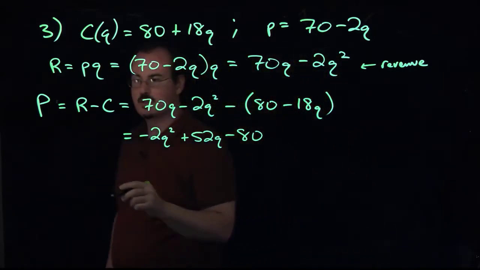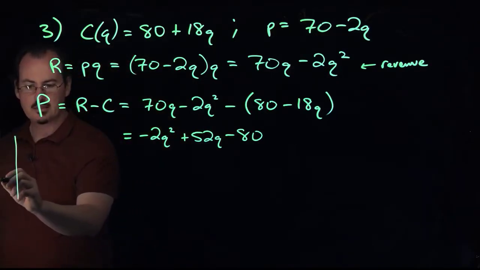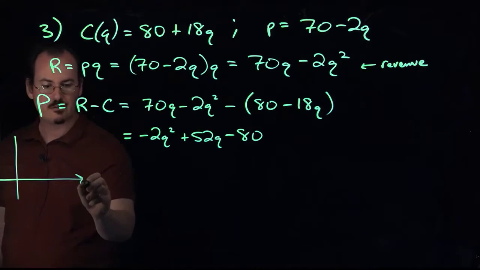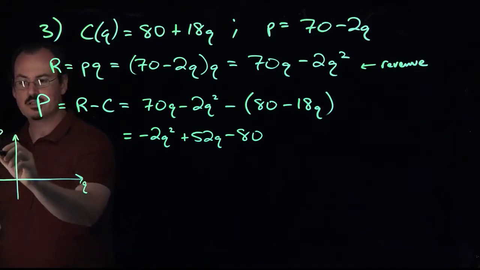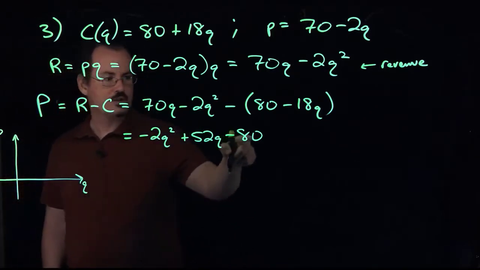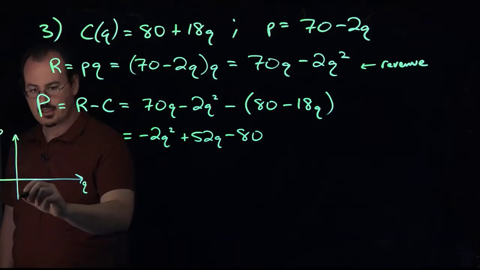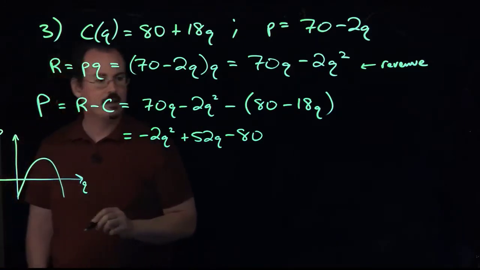So if we remember from the example problem, what that profit function would look like if you were to graph it, you'd have the quantity of items sold on that axis, you'd have the profit in dollars. And you would just notice again that it has a negative intercept. It's a parabola opening down, so it's going to look something like that.